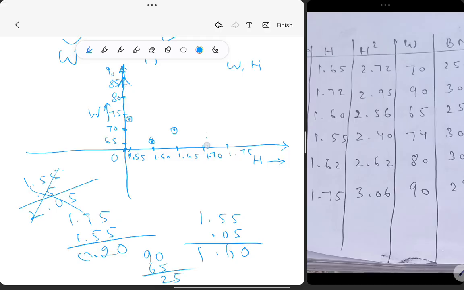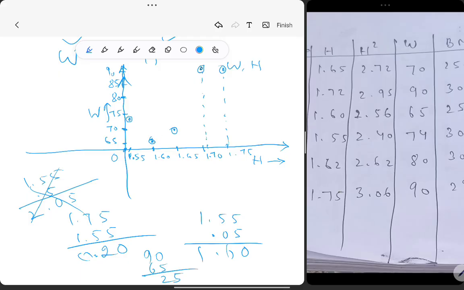Go up to 90. Top. This is another point. Still another point is 1.75. You have 90 again. 1.75, 90. Good.